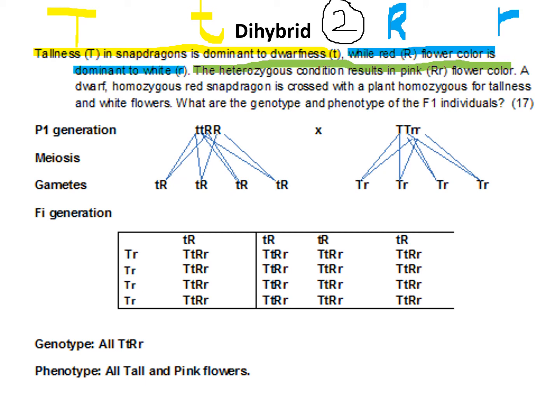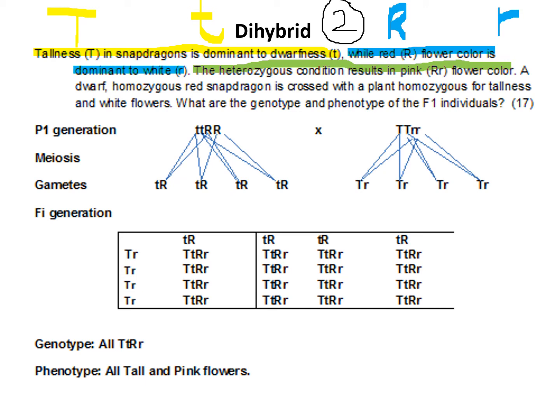But in this case, we have a condition in which neither allele is dominant, nor is either allele recessive, and when they are together, or when they are heterozygous, they express themselves equally, and it is expressed as a mixture between the recessive and the dominant. Your dominant in this case is red, and your recessive in this case is white, and the combination between red and white is pink.